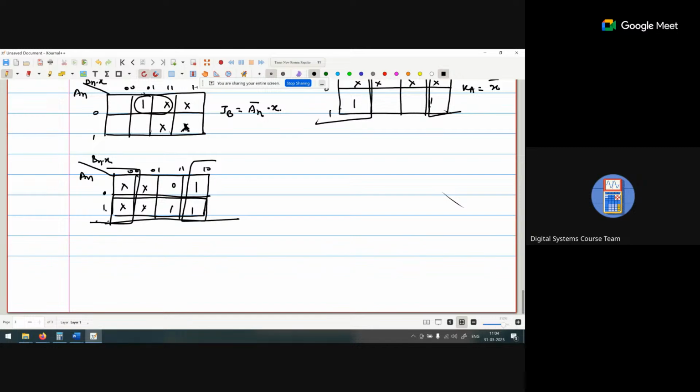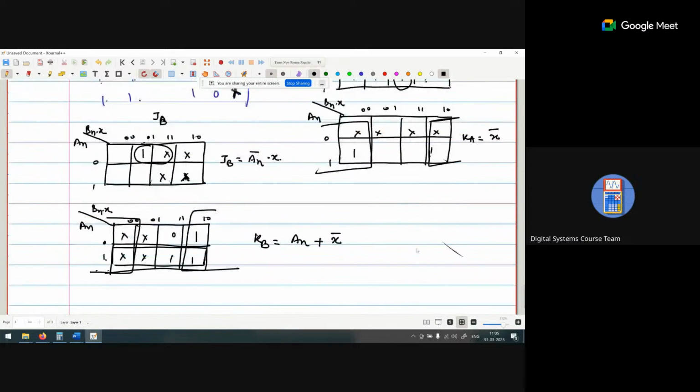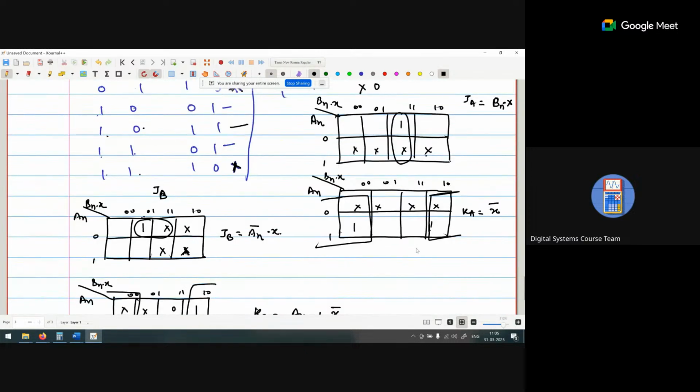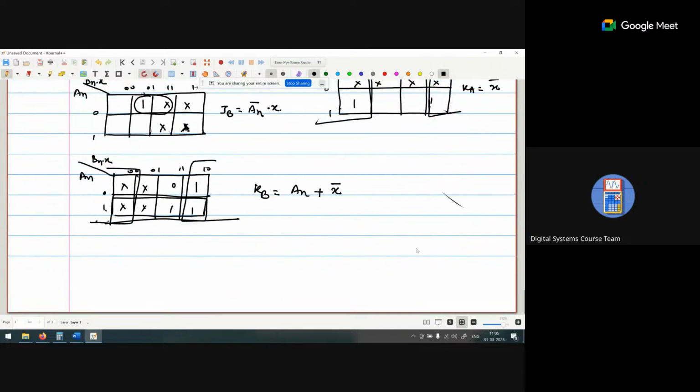So KB is AN plus, for the group of 4, X bar. In this way you can write the equations for J, K, JB and KB.